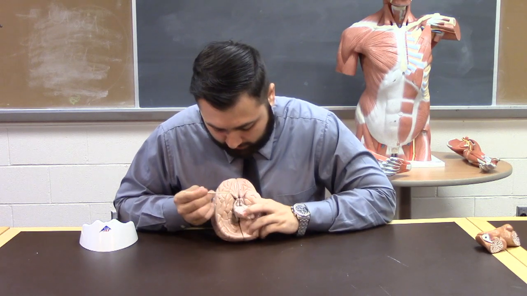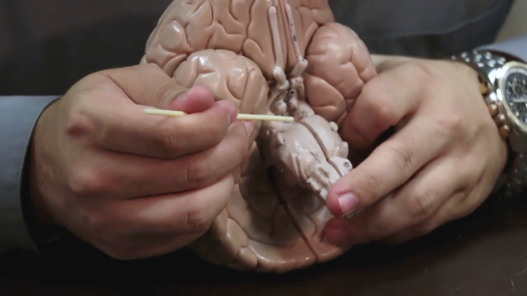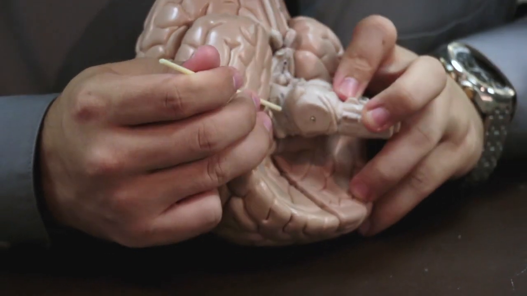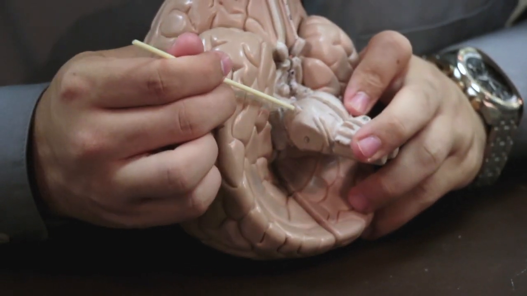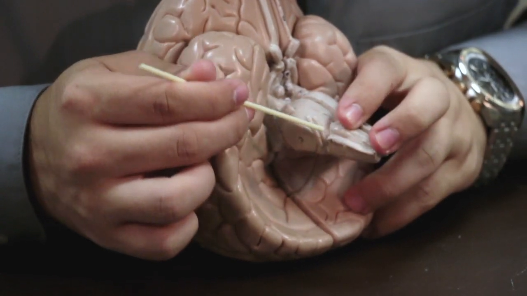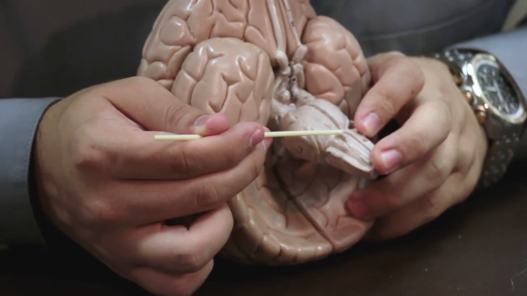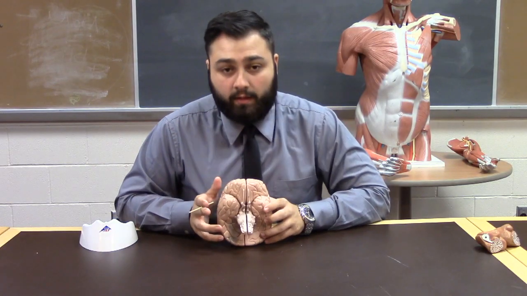Okay? So looking at it from this one with no labels. 1, 2, 3, 4, 5, 6, 7, 8, 9, 10, 11, and 12. And that'll be it for the brain.